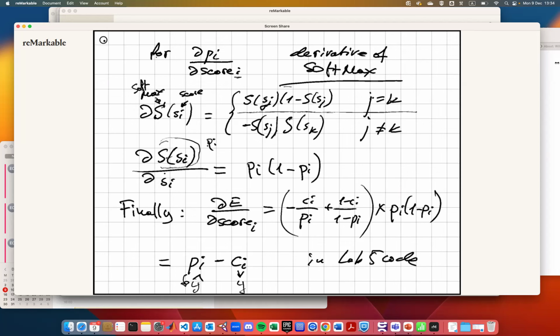So y hat minus y. This is not a cost function. It's a derivative of the cross entropy with respect to softmax, so to the result of activation of softmax, and further with respect to the particular score.